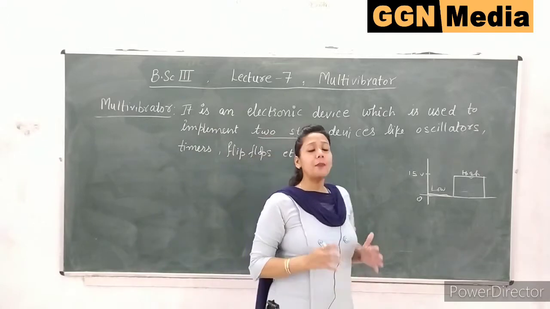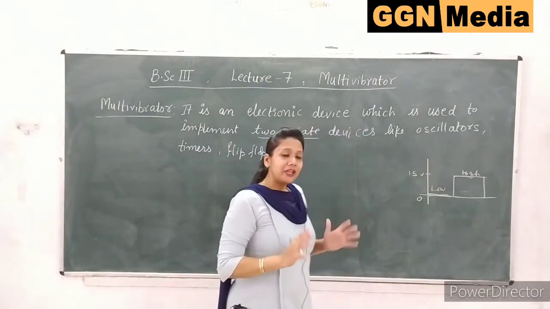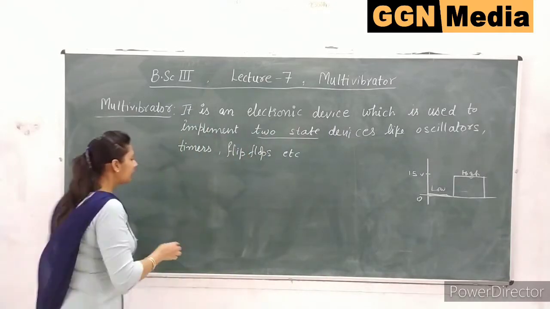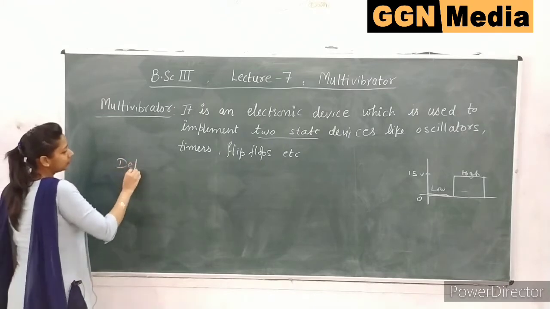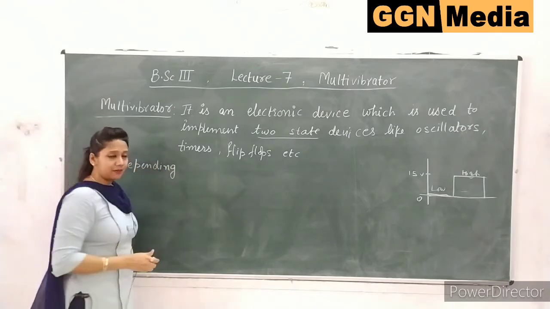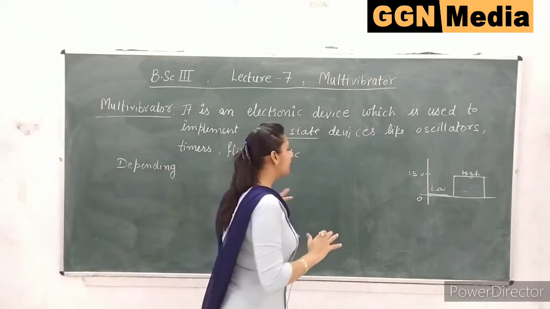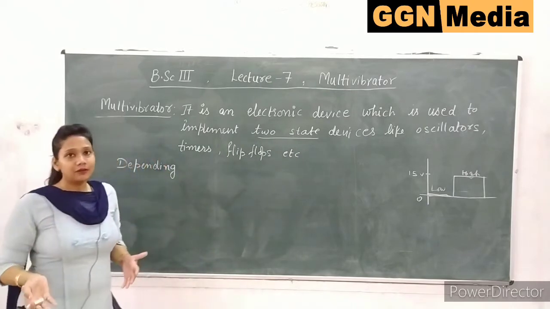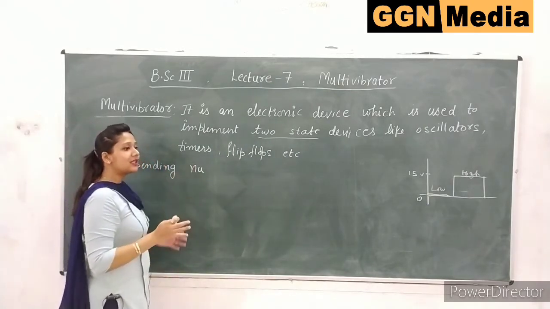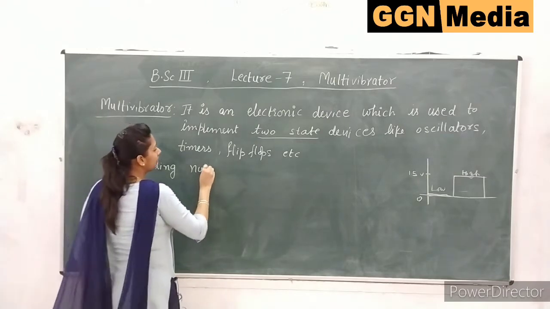Now depending upon the number of stable states, we can divide multi-vibrator into three types. What number of stable states means, we will discuss by differentiating these three types of multi-vibrator. So this differentiation is based upon the number of stable states.